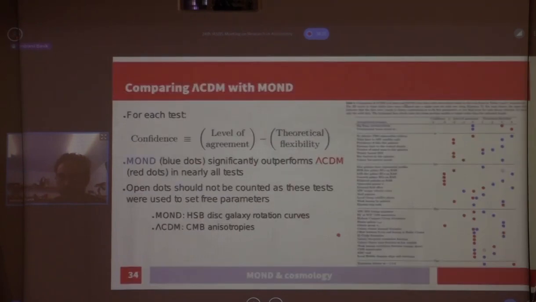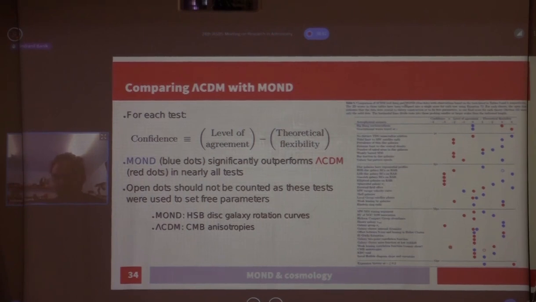So when we tried to quantify this, what we did is we found the level of agreement with some particular test and subtracted the theoretical flexibility to come up with a score. So for MOND, it comes out much higher than lambda CDM in pretty much all the tests we considered.